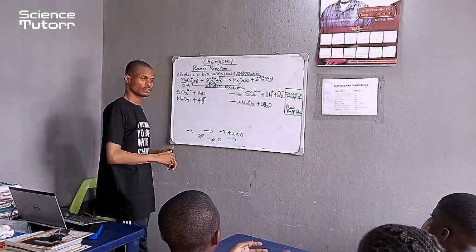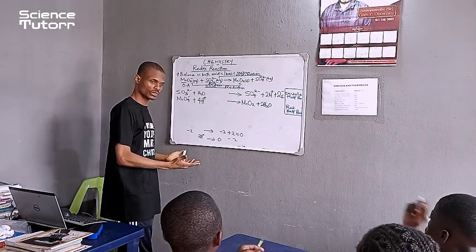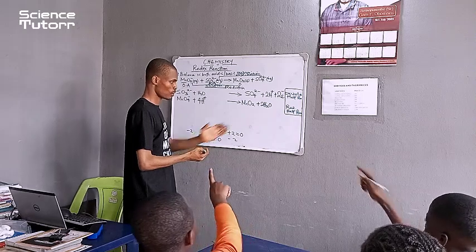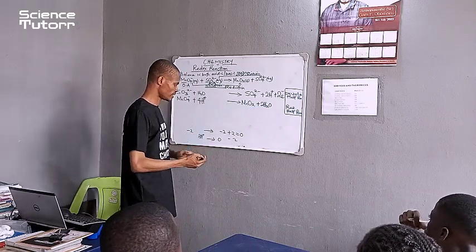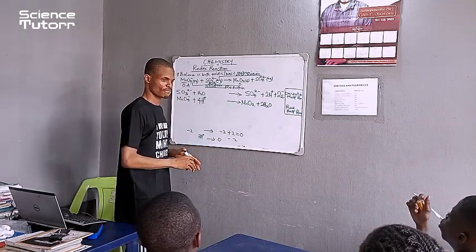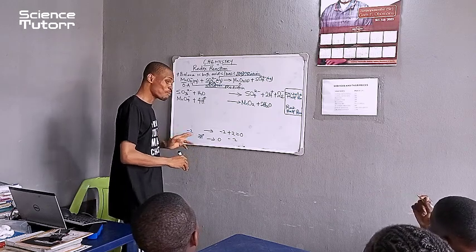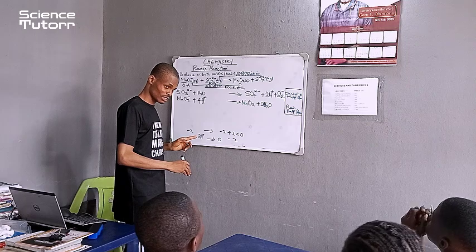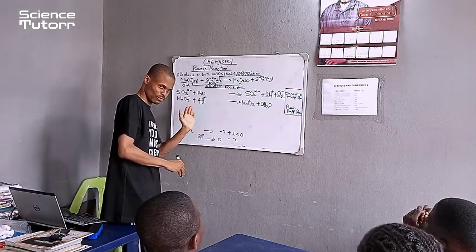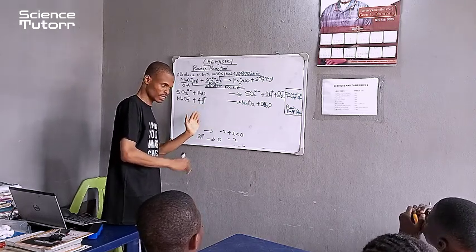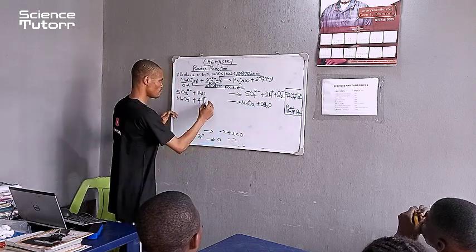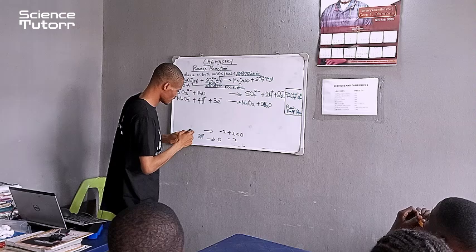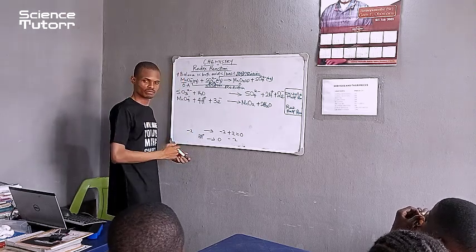Is it balanced? No. So where do we add electrons? On this side? On this side? Why this side? Because this side has more. It has more protons, not electrons. We add electrons on the left for reduction. So it's on this side, not on this side. You know why? If I add 3e minus on this side, it will cancel this.